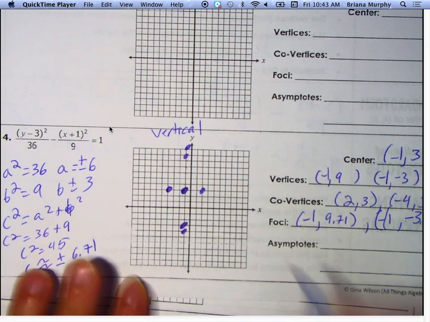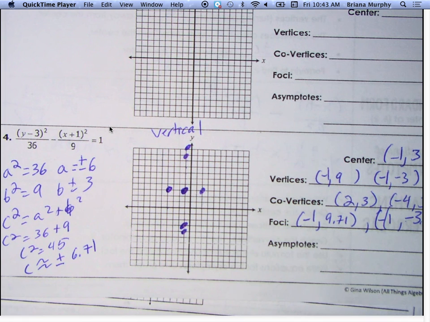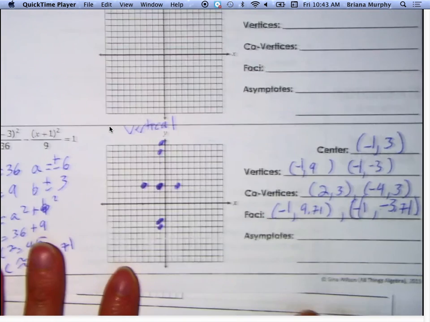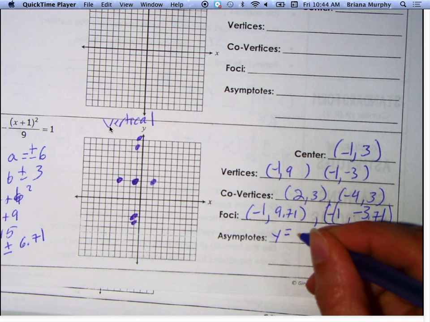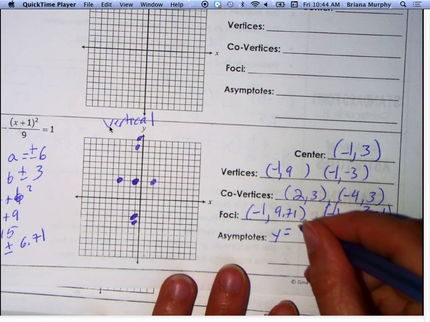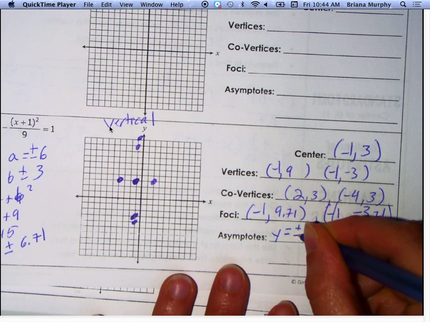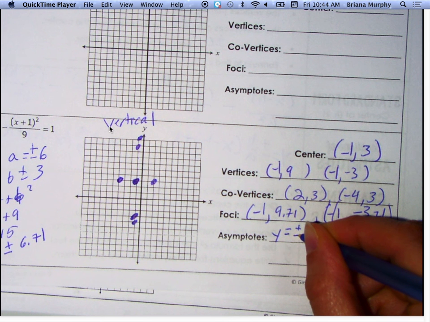Okay, now I have to find my asymptotes. So it's going to be y equals, what's going to go on top? A, right? Oh, because it came first. Plus or minus. Yeah, remember, vertical and horizontal have different ones.